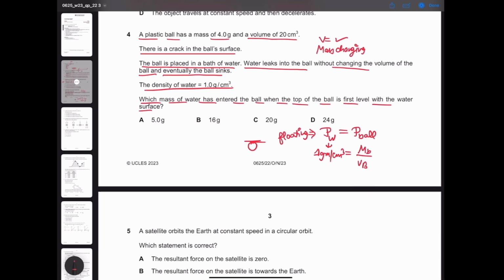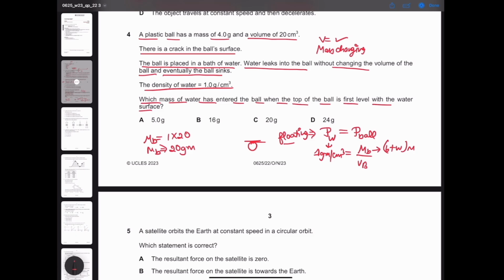The point to be noted here is that it is floating when the water has already gotten inside the ball. So the mass of the ball here will be the ball's mass plus water's mass. You need to keep this in mind. Now, the mass of the ball is equal to 1 into 20, so the mass of the ball is coming out to be 20 grams.